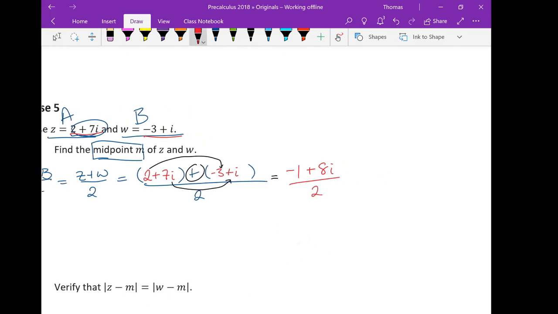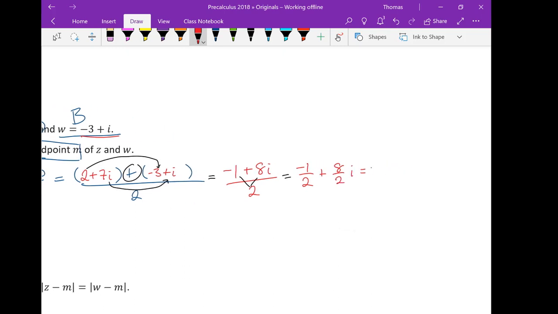And then if we wanted to plot this, we may want to break our fraction up. When we're dividing by a number like this, we've got to divide both. So if we break this up, it'd be equivalently negative 1 over 2 plus 8 over 2i, which would just be negative 1/2 plus 4i.